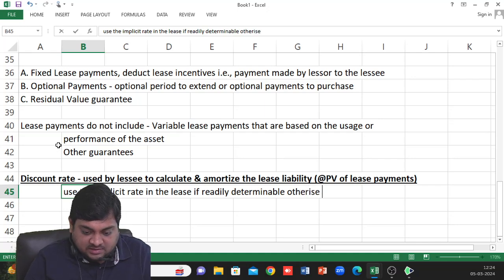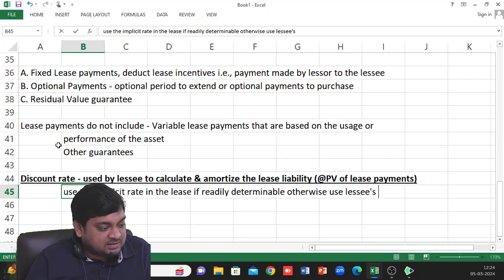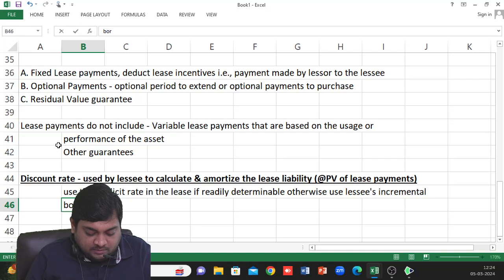Otherwise, use lessee's incremental borrowing rate.